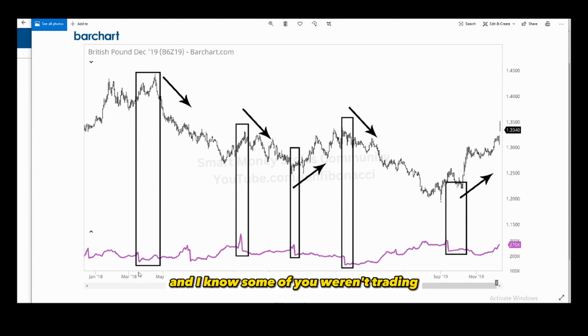And I know some of you weren't trading maybe in March or May of 2018, so we didn't have that opportunity to hold a trade for a whole year. I don't trade that long, but this is just further proof that open interest commercials can move the market in one direction for a very long period of time. Yeah, there is your British pound.